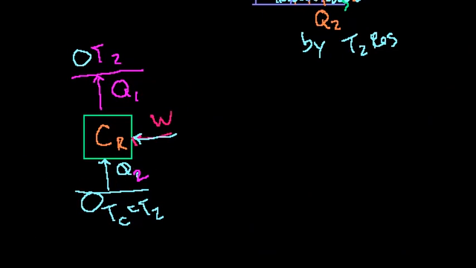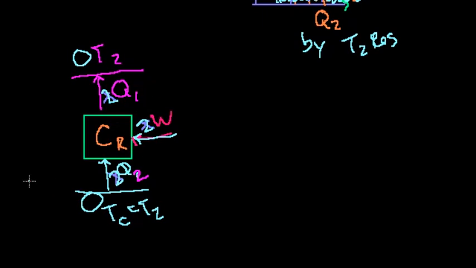Let's say we take x times Q2 in, and we put in x times W in, then we're going to put x times Q1 into our top reservoir. And that makes sense because these are just arbitrary numbers. For example, if we have 2 Carnot engines in parallel, you can just view that whole thing as 2 Carnot engines doing it together. So all of these would be 2s. If we had 3 Carnot engines doing it together, all of those would be 3. And you could just view them as one collective engine.